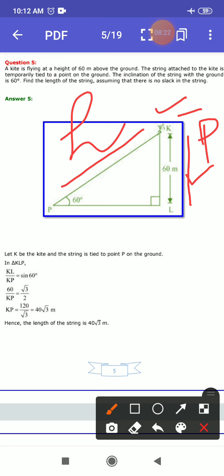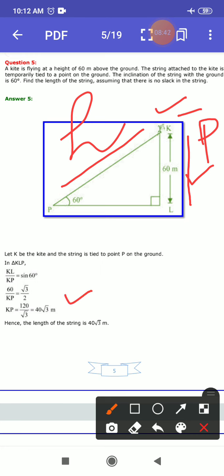And then after, you have to rationalize this value. So 120 upon root 3 into root 3 upon root 3. For rationalizing, you have to multiply root 3 in the denominator and numerator, and then after solving it, you find the answer of KP, and the value is 40 under root 3.